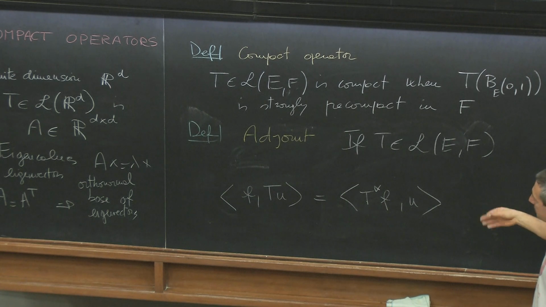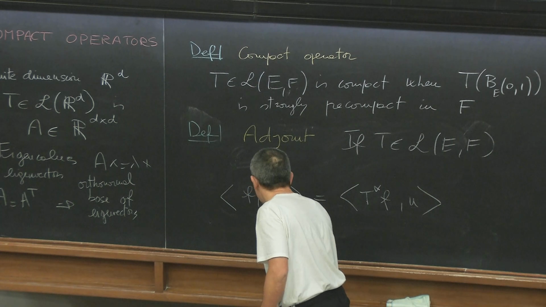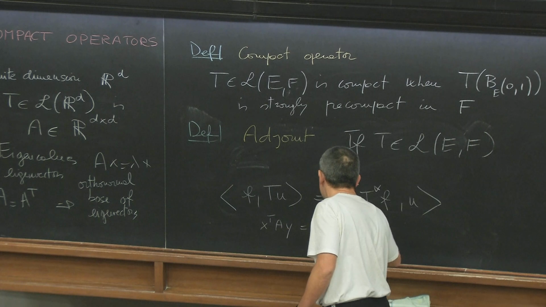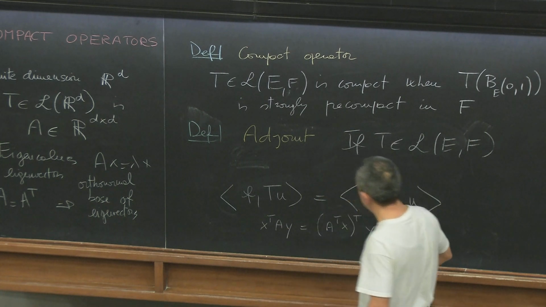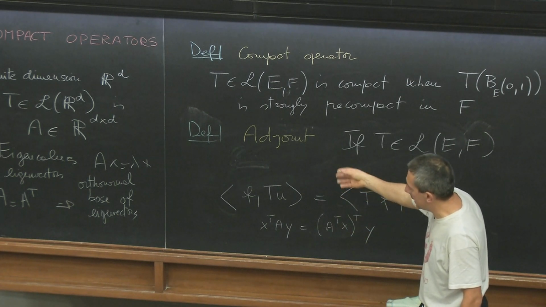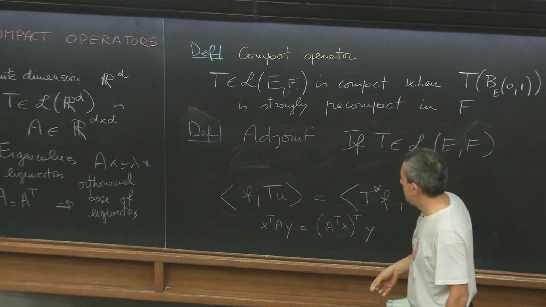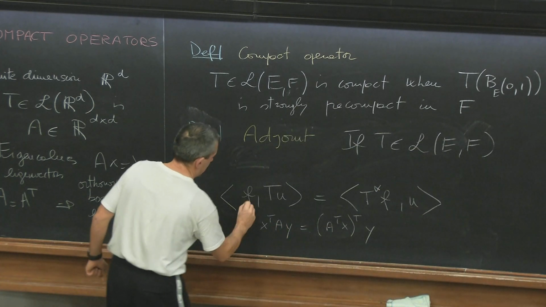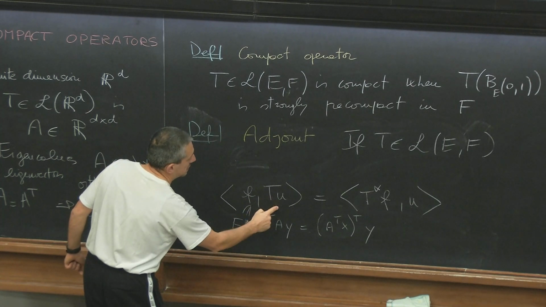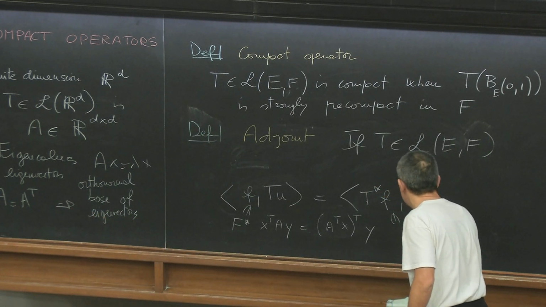This is the finite dimensional case. If you remember, in the finite dimensional case, I have that x transpose A y is equal to A transpose x transpose y. If I rephrase this from the point of view of Banach spaces, where I cannot identify the dual with the space itself, then f is in the dual of F, and f of Tu is in the dual of E.